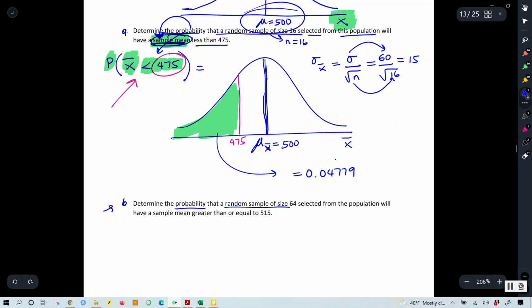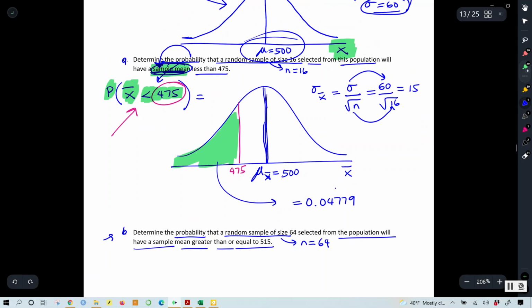Determine the probability that a random sample of size n equals 64 from the population will have a sample mean greater than or equal to 515. Take note that when we wanted to get the sampling error here, we needed the sample size.